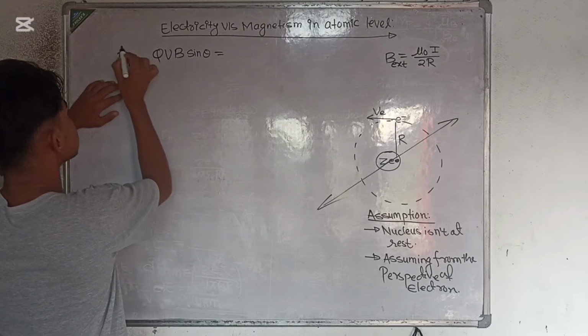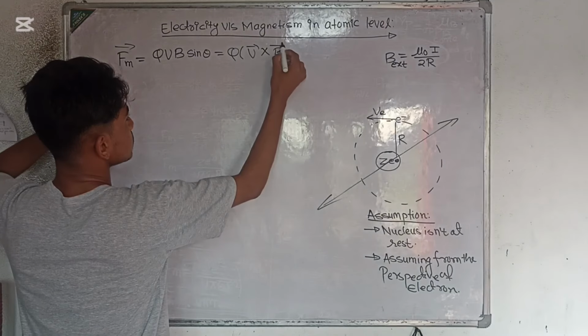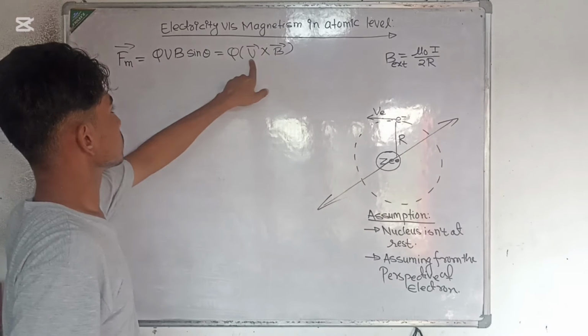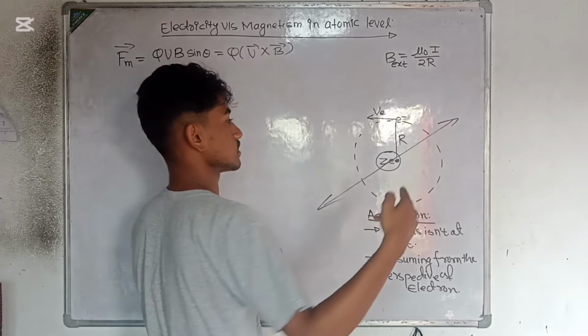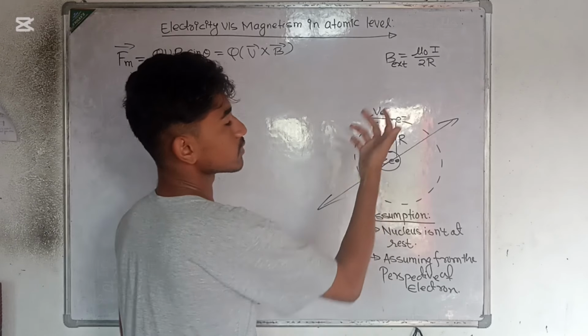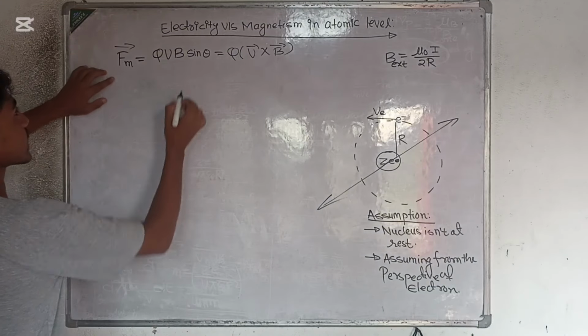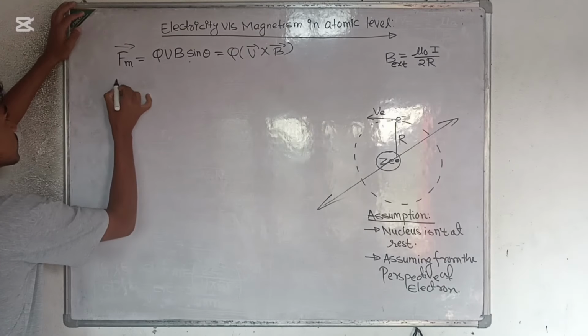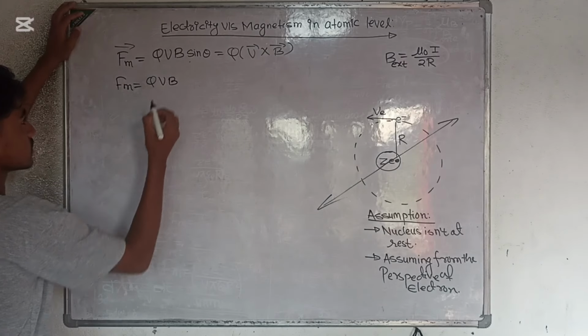So you can write it as Q V cross B vector. The angle between V and B is 90 degrees, because we are assuming that the magnetic field is either inward or outward. That would have to be 90 degrees, right? So you can neglect the sine theta term, and you end up getting Fm is equal to QVB.